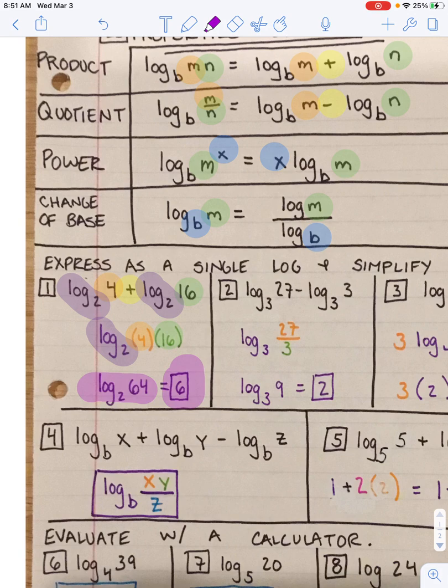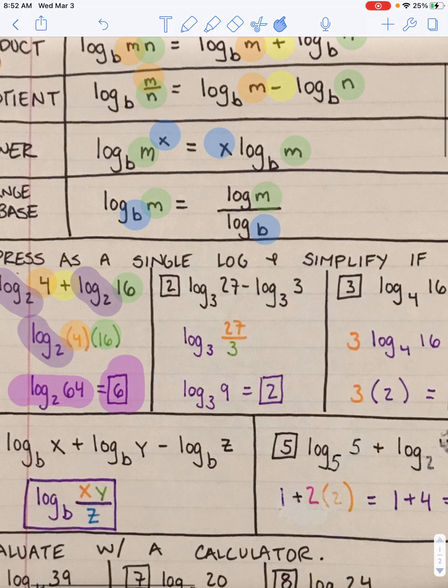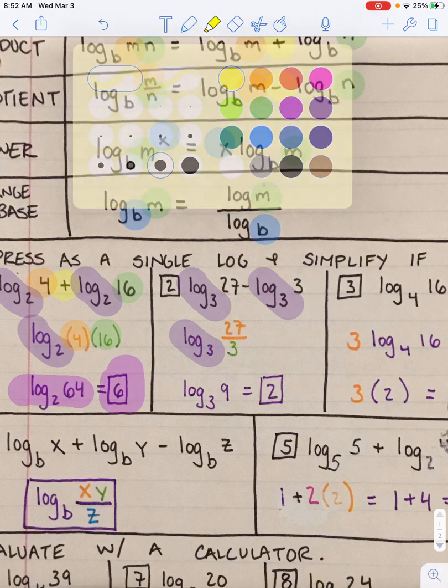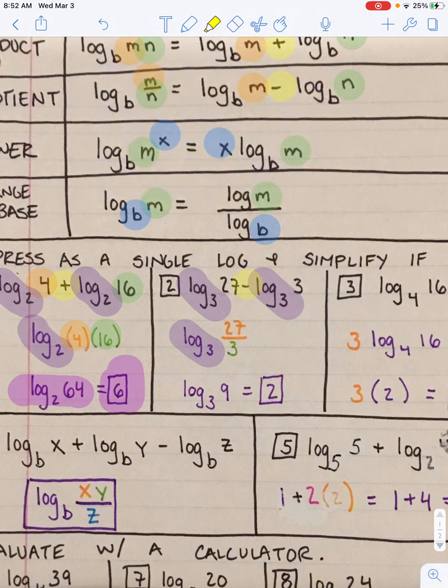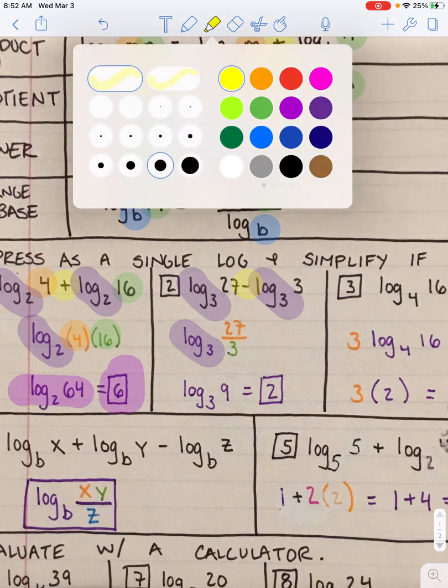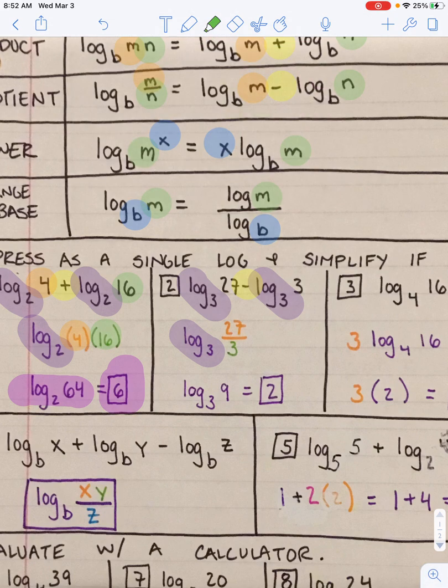Now for our next problem, we have log base 3 of 27 minus log base 3 of 3. So what do we have? Log base 3 on both of them. Okay, what operation are we doing? We're subtracting. So for subtracting, we're going to use the quotient. And we're going to take our m and n values, which happen to be 27 and 3, and we're going to divide those.